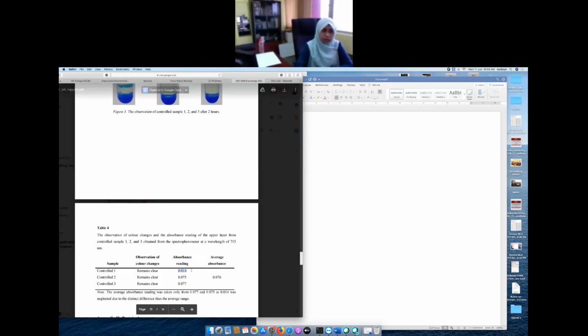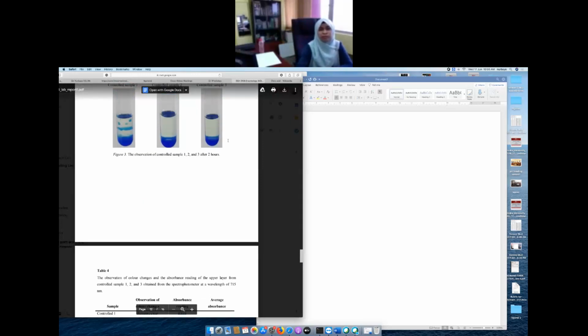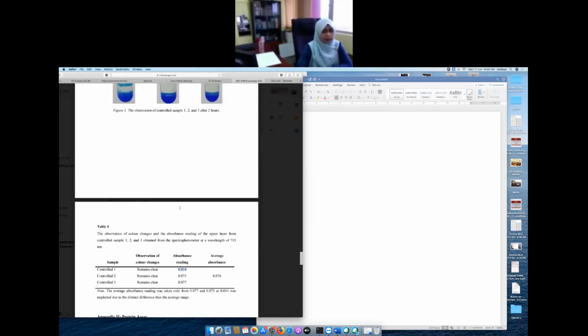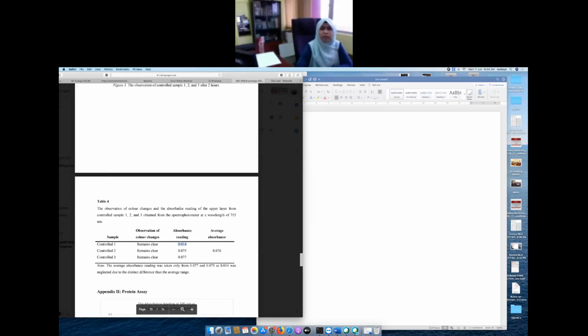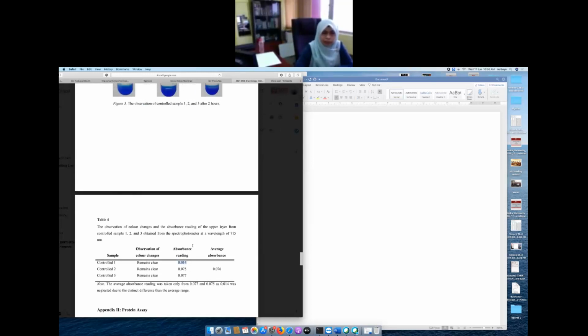It's suitable to become a control. You don't want the control to turn out green, so that's not so good. Something happened: maybe you mixed up the tube, or the same tips were used to take the sample and then to take the buffer for the control. That's why it turns out green.